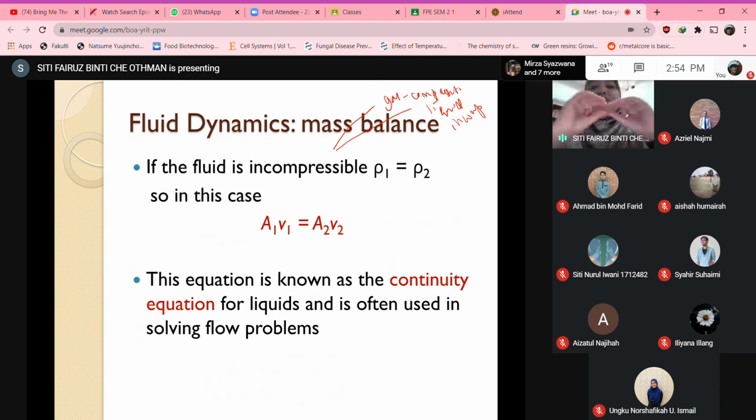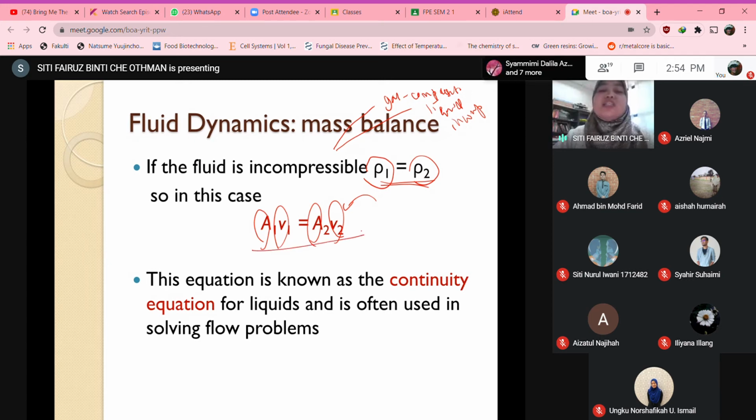Kalau incompressible punya fluid, very likely the density awal dengan akhir adalah sama. It will be the same. So meaning that you can actually take that out from the equation, leaving only A1 and also V1, A2, V2, because this will be the same. There's no point if you were to kind of like put this in this particular equation.